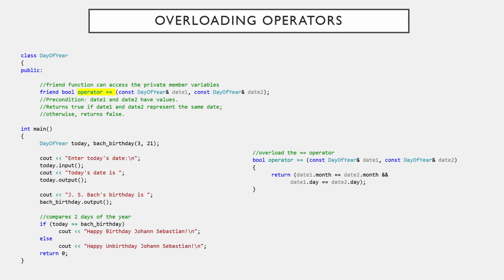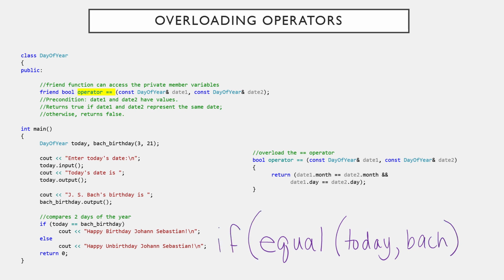All right, so now we're going to do the exact same thing, only this time we're going to overload the equals operator, or the equality operator. This is very nice because instead of having to call the function, the way we did with equal, you would have to call the equal function and pass it today and Bach's birthday, and then you would write if equal.